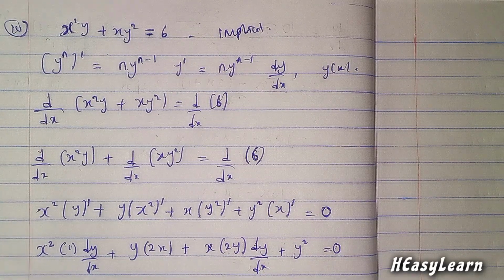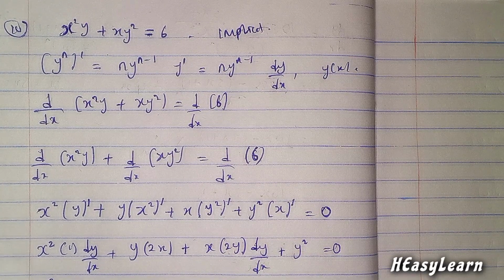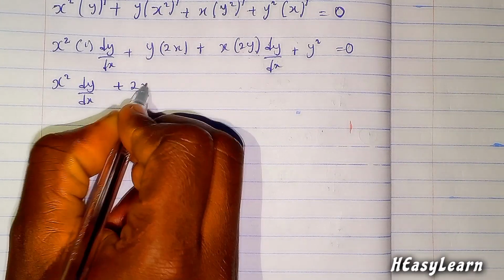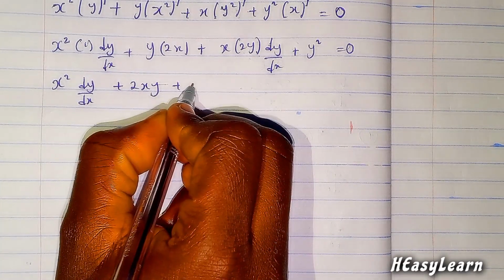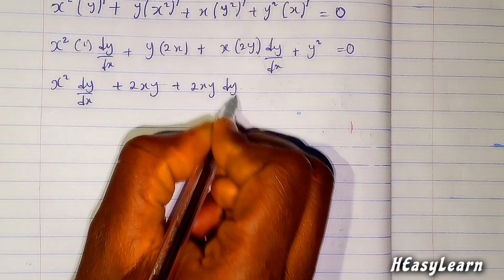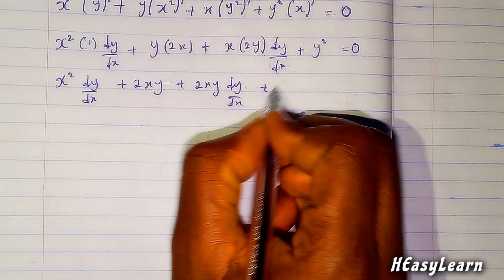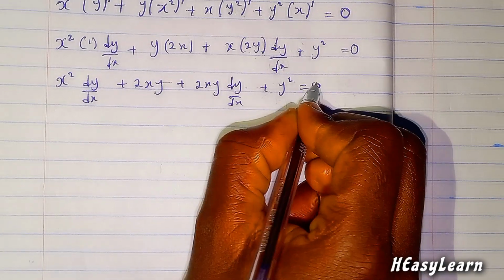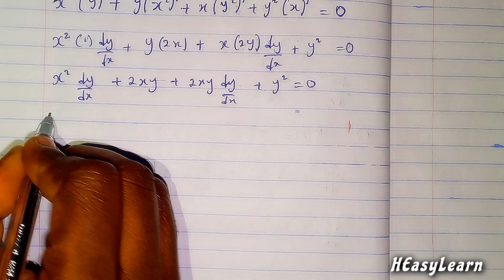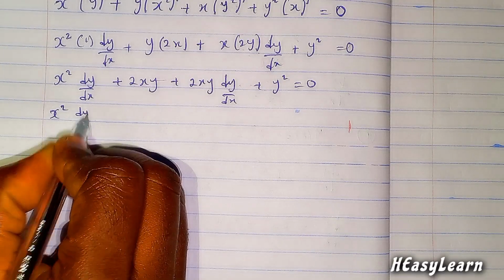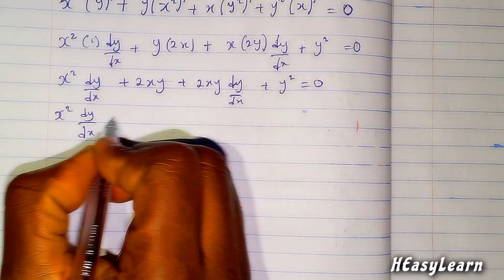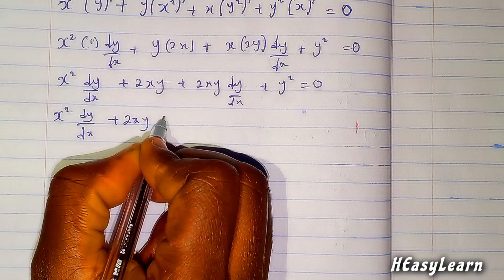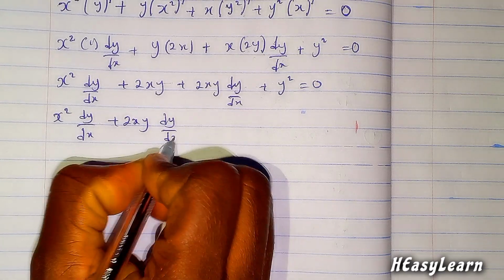This is the same thing as x squared dy dx plus 2xy plus 2xy dy dx plus y squared equals 0. So from this, the terms with dy dx, collect them to one side, and the terms without dy dx to be at the other side.